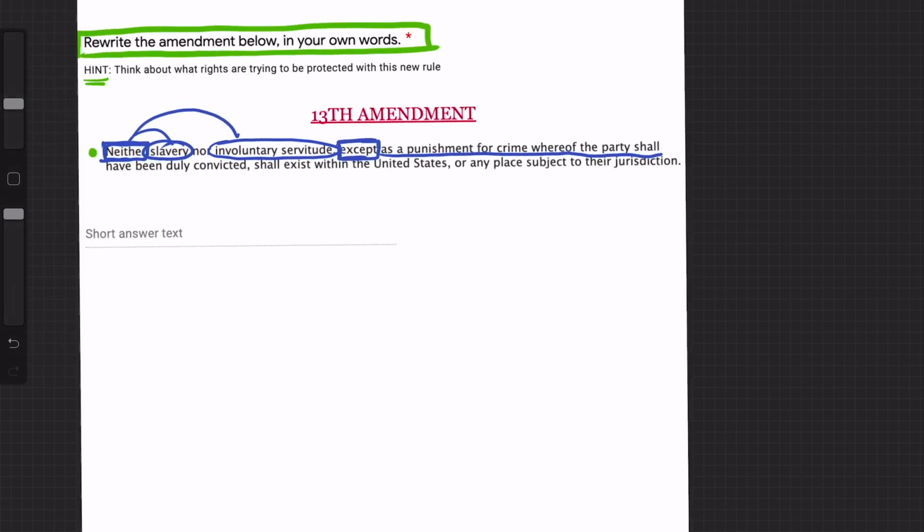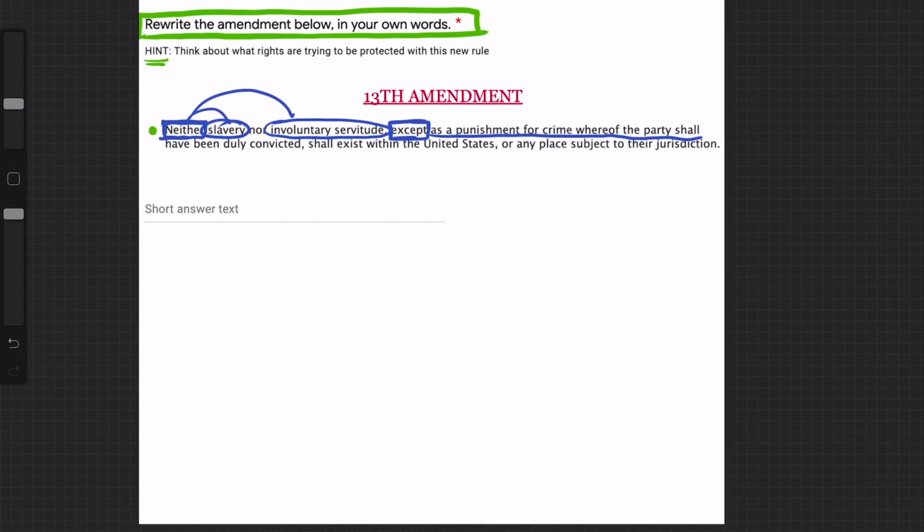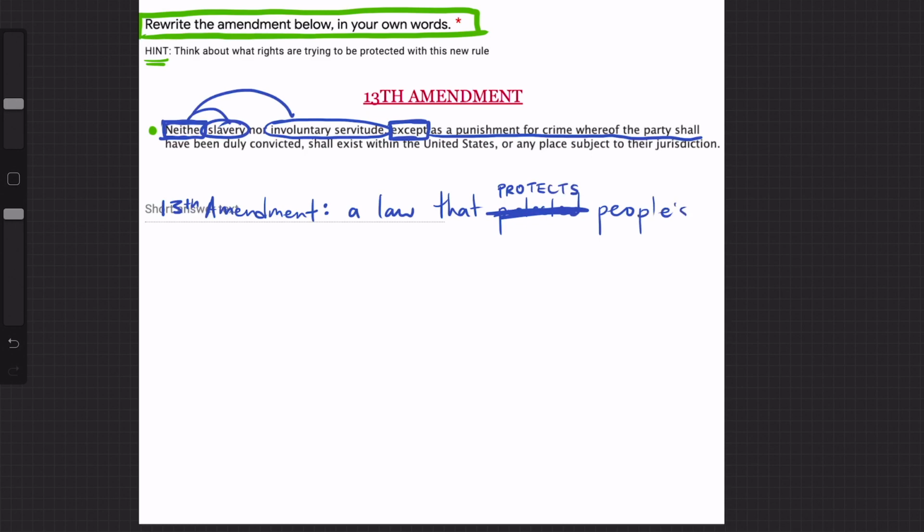So when I write this in my own words, sorry if I'm moving it so much. If I write this in my own words, I might write something like, okay, the 13th Amendment: the 13th Amendment was a law that protects people's freedom.